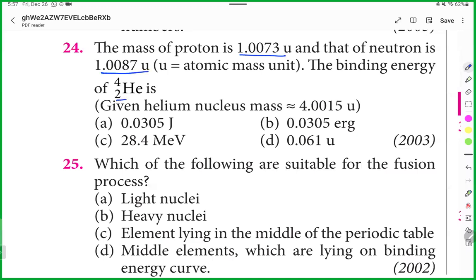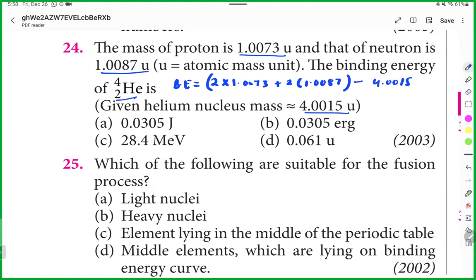What is the binding energy of helium? Helium mass is this. Correct?